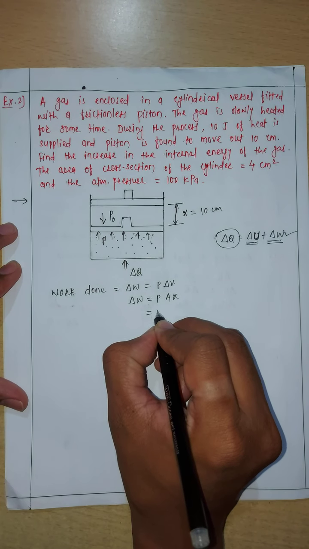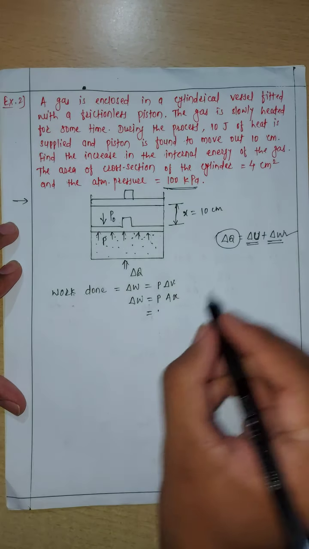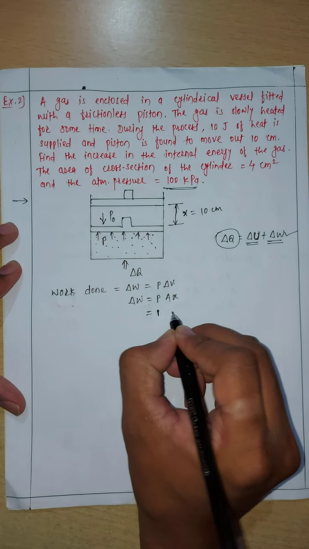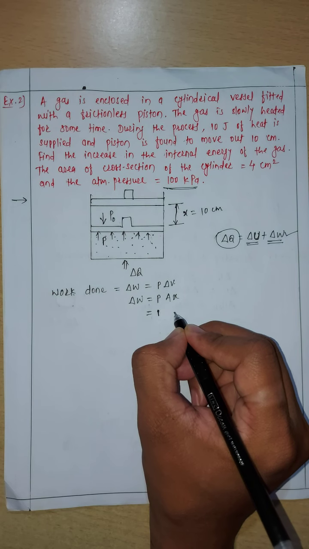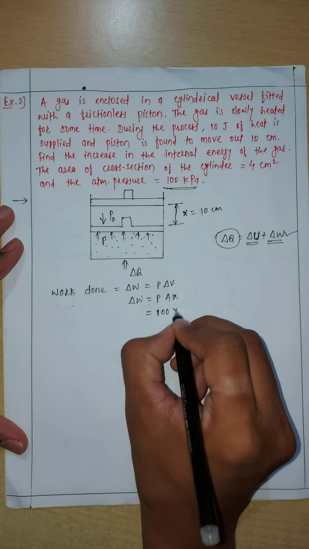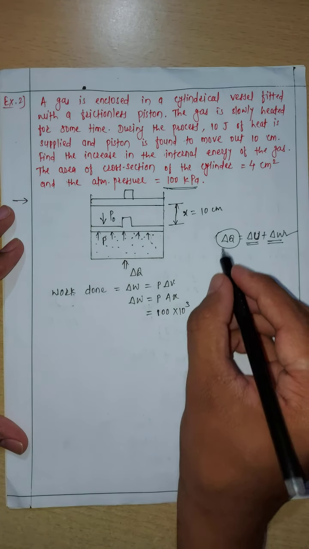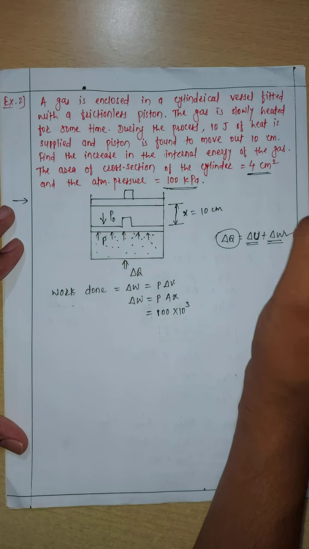Here pressure is given. How much pressure is given? 100 kilopascal. So kilo is converted into pascal, that means kilo is 10 raised to power 3. So we get 100 into 10 to the power 3 pascal as the pressure. Area, how much area is given? 4 centimeter square.